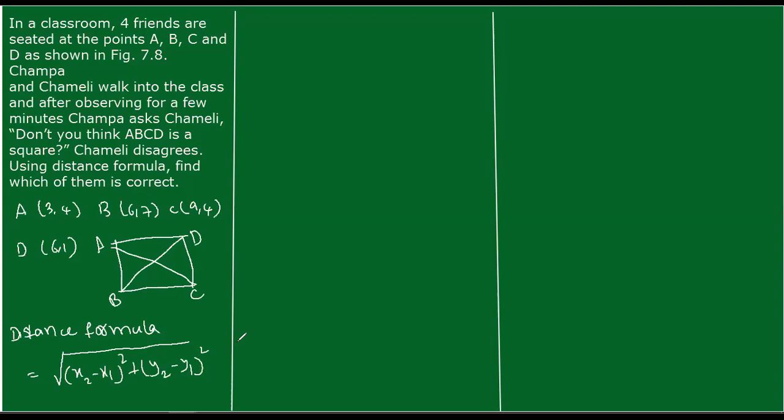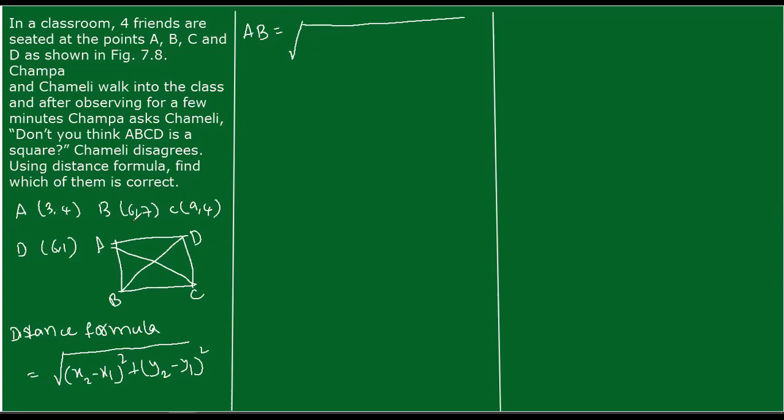So as I'm changing the sides now, the points x1, x2 and y1, y2 will change accordingly. Okay, so first I'm taking AB. It is quite lengthy, but it is easy. AB: A is 3, 4 and B is 6, 7. So apply the formula directly.